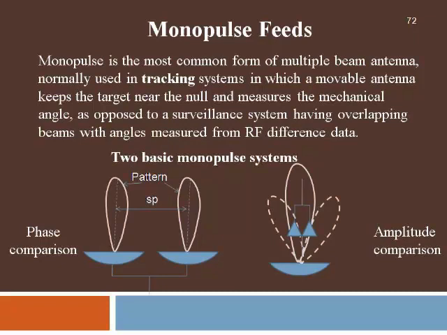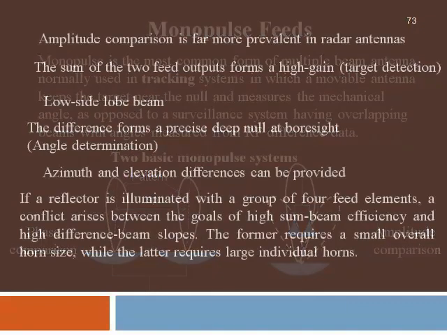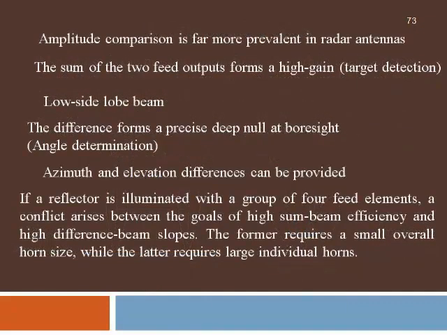Whereas in the amplitude comparison, one single antenna is going to produce a sum pattern as well as difference patterns, and from the difference patterns we are going to get the angle coordinates, and from the sum pattern we extract the range information. So amplitude comparison is far more prevalent in radar antennas.